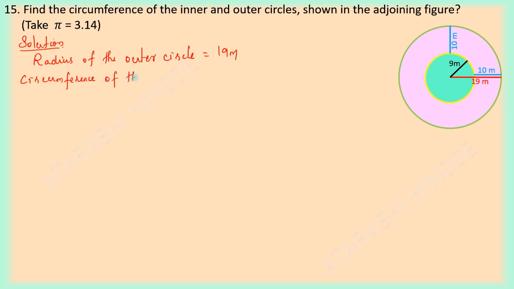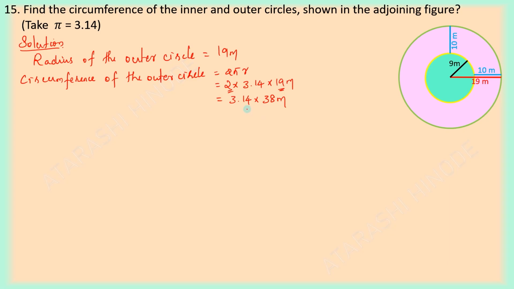Circumference of the outer circle equal to, formula is 2 pi r, that is equal to 2 into pi is 3.14 into radius is 19 meters. Now we have to multiply this, that is equal to, first we can multiply 2 and 19. 2 19s are 38. So we can write 3.14 into 38 meters.